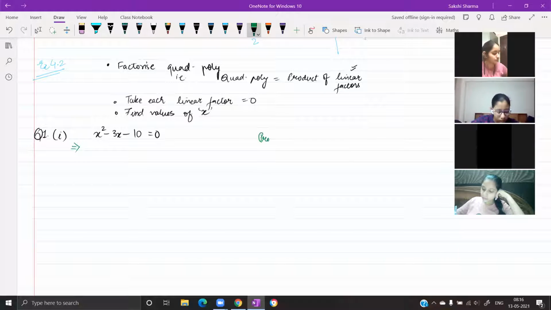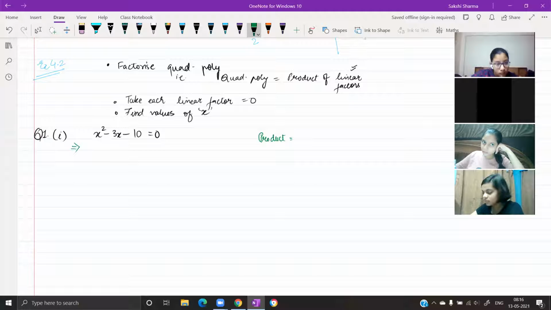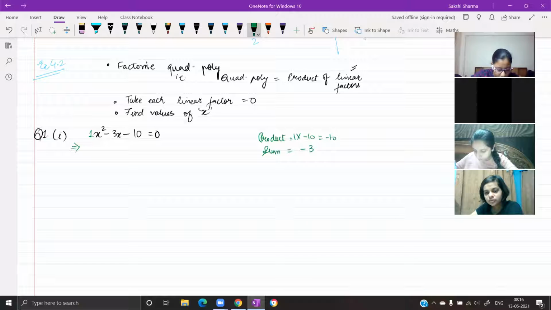You want the product to be equal to minus 10 and the sum to be equal to minus 3. So pick suitable factors to give you the product equal to minus 10 and the sum equal to minus 3.